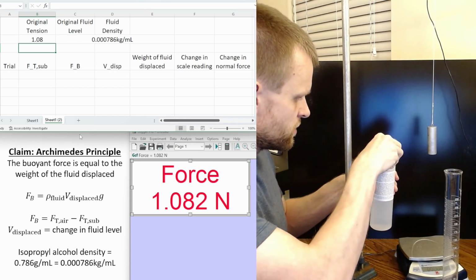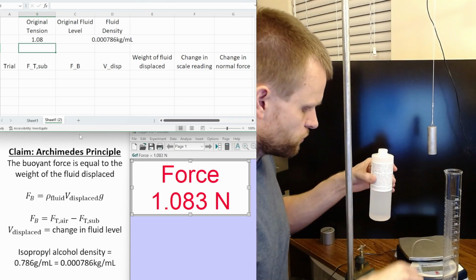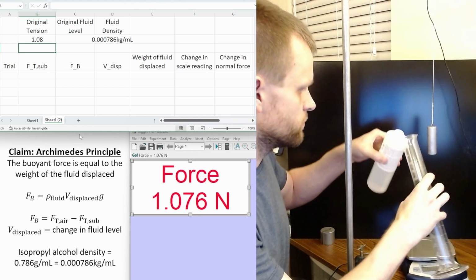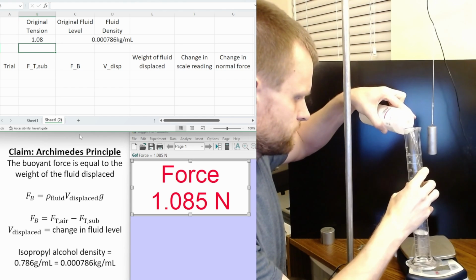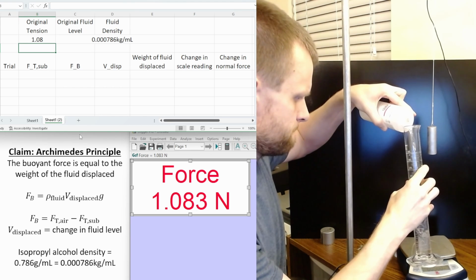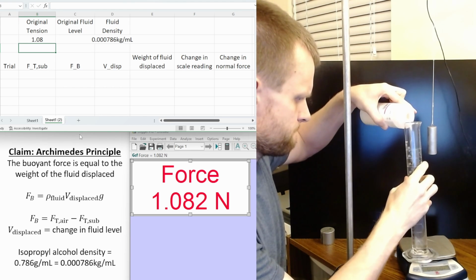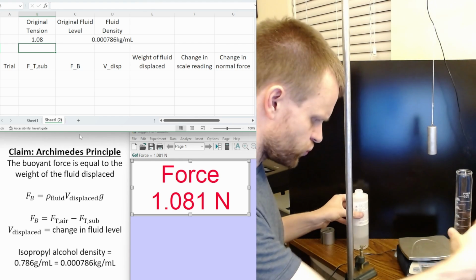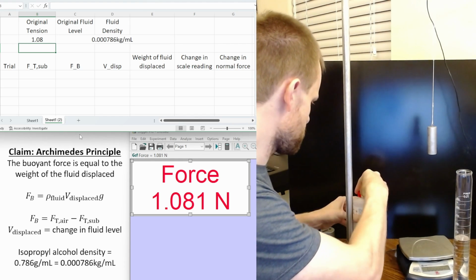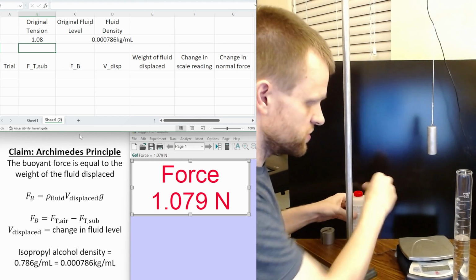And let's measure out some isopropyl alcohol. So I'll put this into here. Okay. Now it's not going to be as exact as the last one, but we'll still make it work. So let's seal that up.